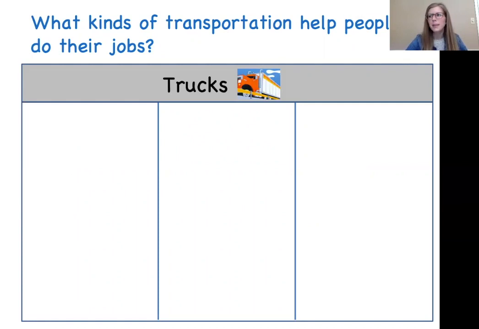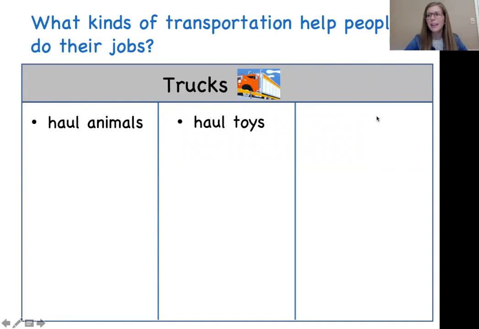Can you remember those categories we sorted our items into last time on our concept map? I remember trucks haul animals, trucks haul toys, and trucks haul food. Let's see if you can remember some of these items from last week that the trucks were hauling. What type of animals did the trucks haul?